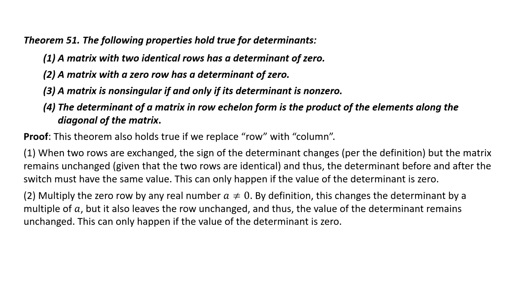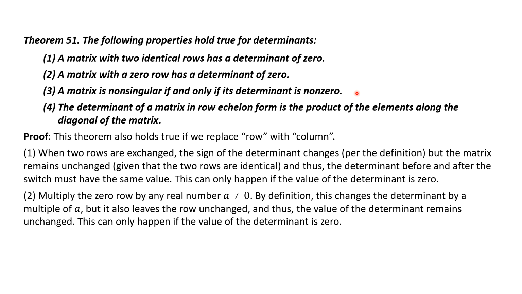We have the following theorem, which we're going to use eventually to evaluate determinants. A matrix with two identical rows has a determinant of 0. A matrix with a 0 row has a determinant of 0. A matrix is non-singular, in other words, invertible, if and only if its determinant is non-zero.